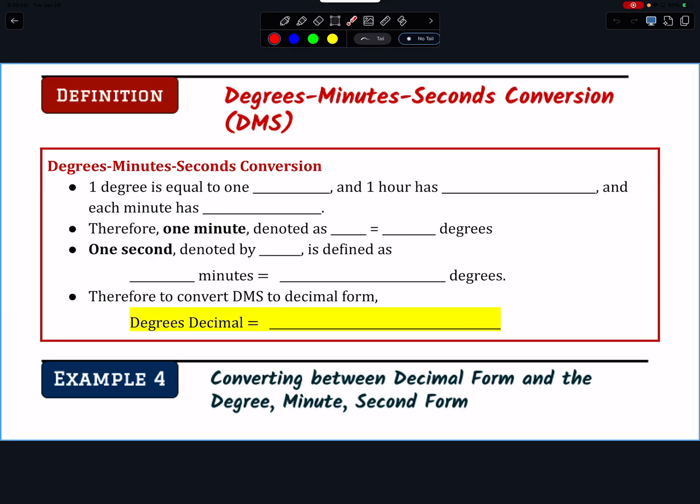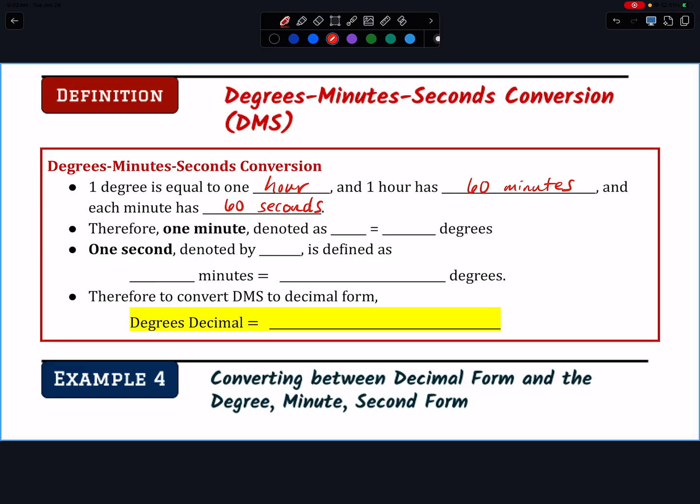1 degree is equal to 1 hour, and 1 hour has 60 minutes, which makes sense, and each minute has 60 seconds.